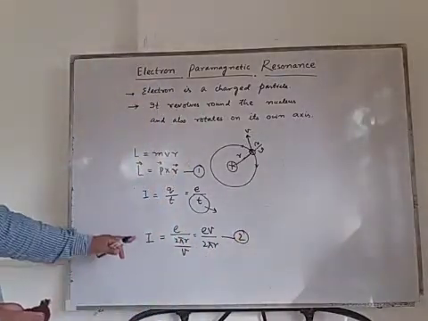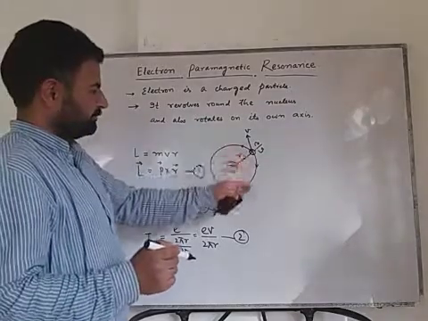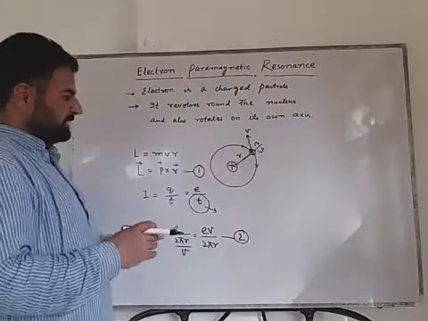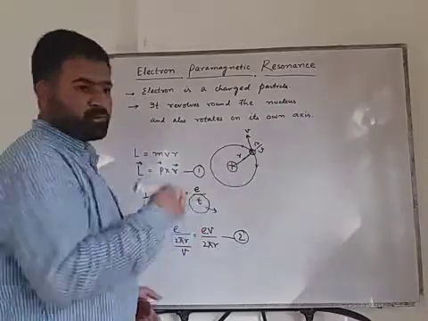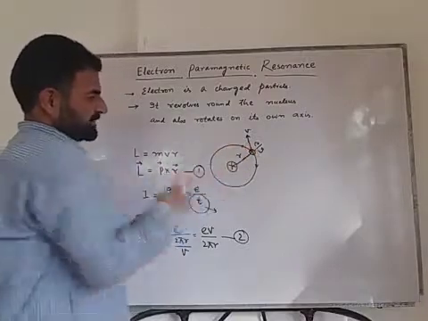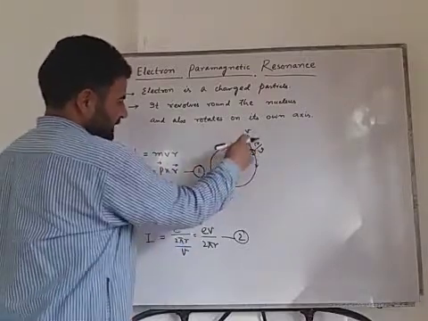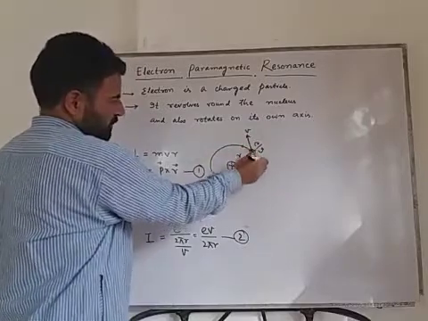And now when there is current formation in this loop, the direction of the current also depends on the direction of the motion of the electron. If the electron is moving in the anti-clockwise direction, the direction of current will be opposite of that.